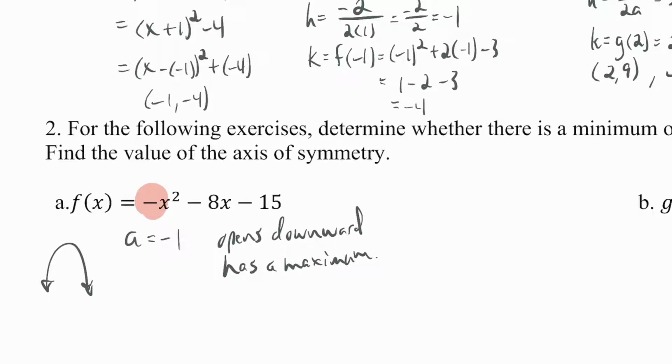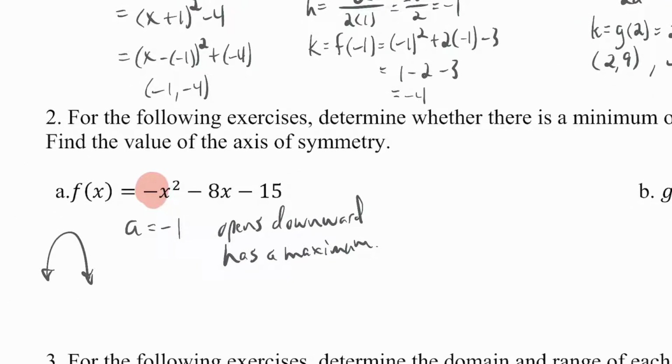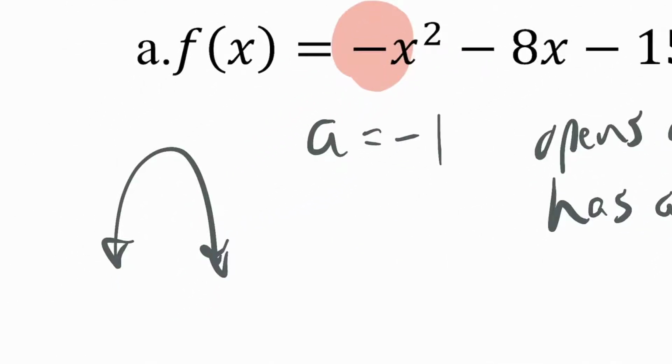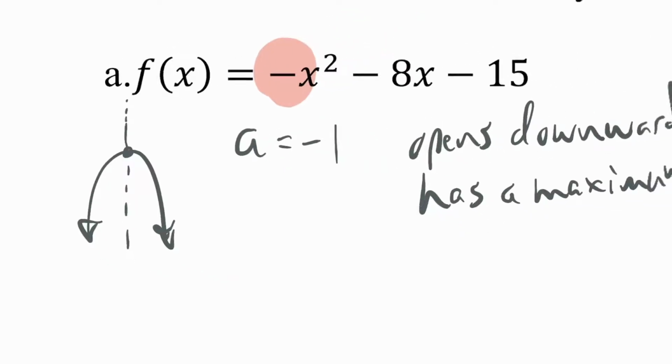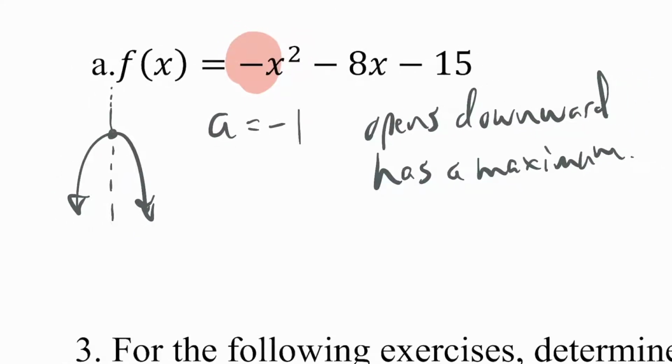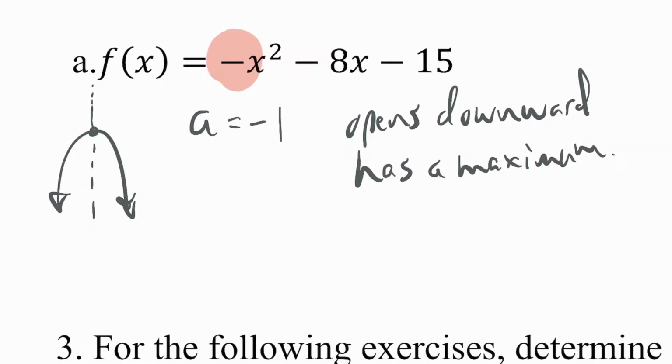Now the value of the axis of symmetry. Going back to the graph, the vertex is right here, right? So the axis of symmetry goes through the graph like that. That means the x-coordinate of the vertex is the location of the axis of symmetry. Essentially, h is what's being asked for.